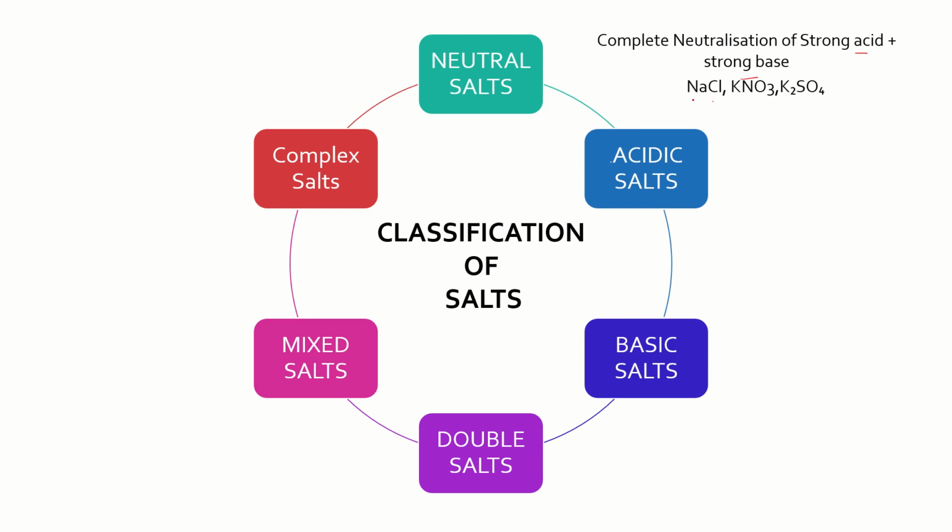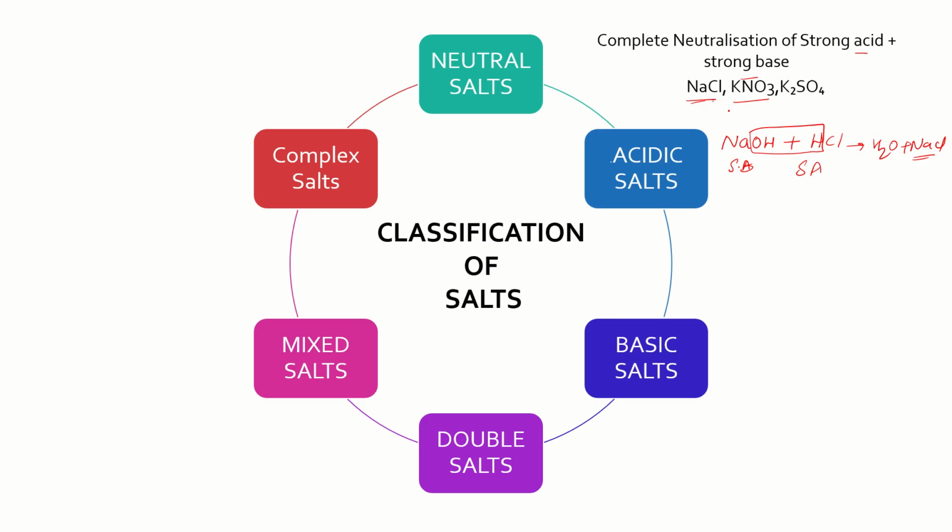Example, sodium chloride salt. Sodium hydroxide is a strong base and HCl is a strong acid. Water is removed and NaCl, sodium chloride salt, is formed.